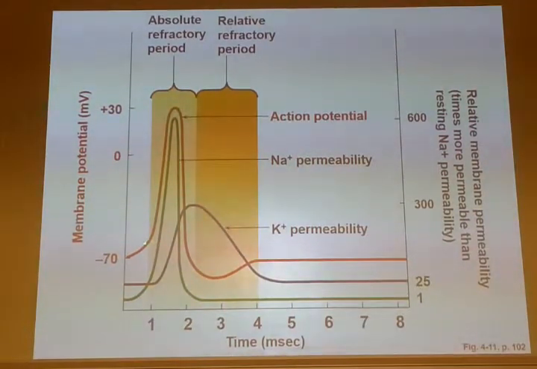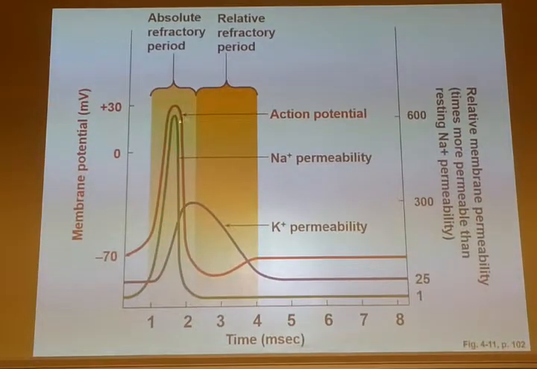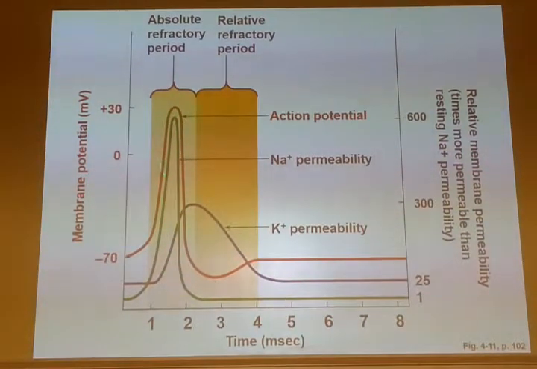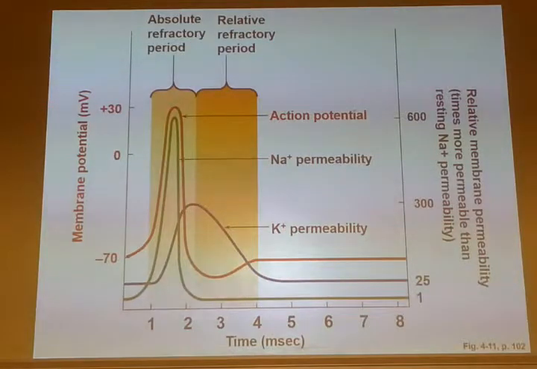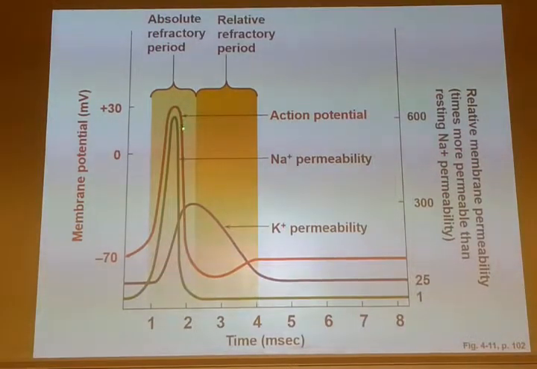When you get to threshold, sodium opens very quickly and permeability goes up, so the rising phase of the action potential goes up. When sodium channels close, you're at the peak of the action potential. Sodium permeability is going down and you're now repolarizing, in the falling phase of your action potential.